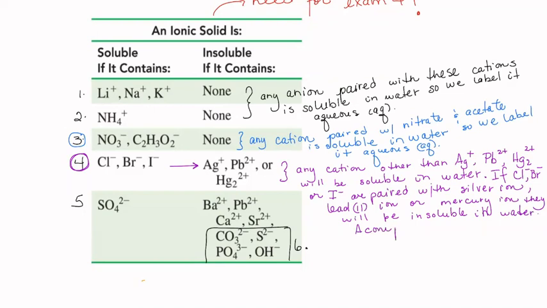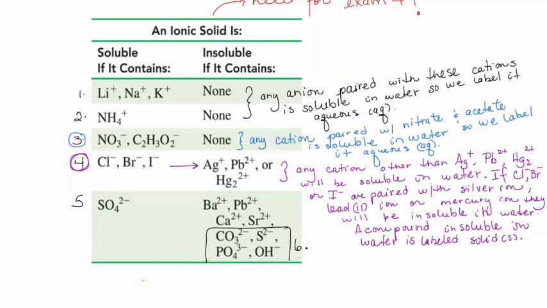A compound insoluble in water is labeled solid. That means that we put an S by it, okay? So in rule number 4, chloride, bromide, and iodide will be soluble unless you pair them with silver, lead 2, or mercury ions, okay?